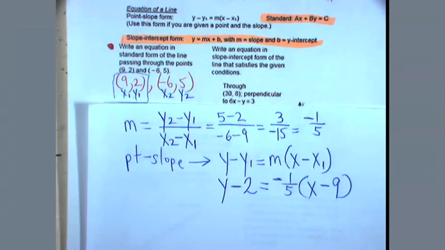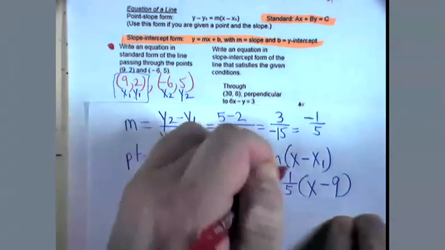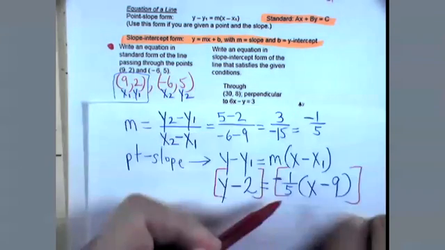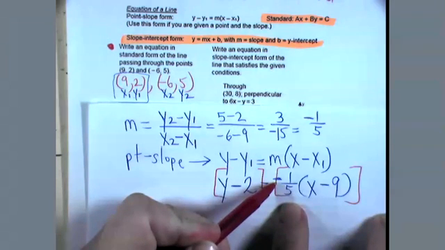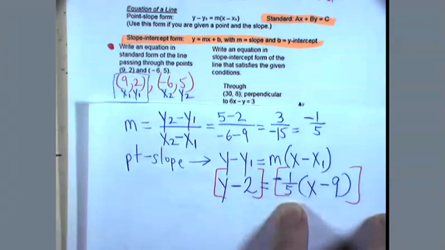Now, probably the best thing to do is get rid of the fraction. So let's multiply both sides. Because we have a negative here, let's get rid of that too. Let's multiply both sides by negative 5, the given denominator.